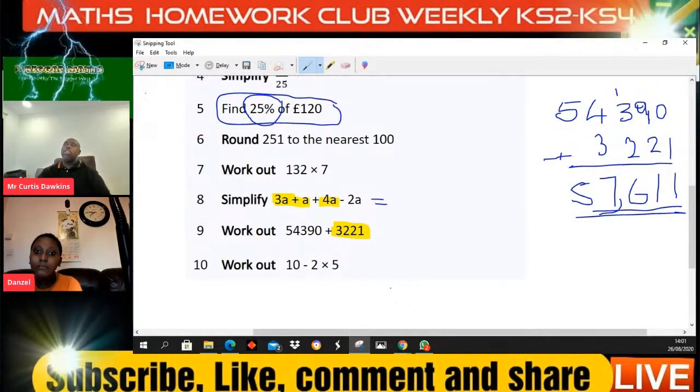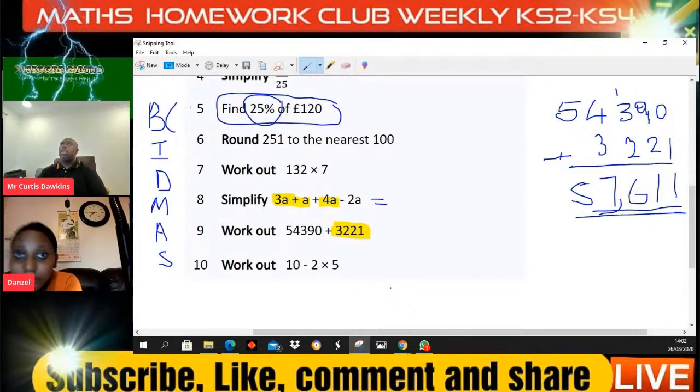Now, let me see if you remember from last lesson. Can you remember the acronym I spelled out to you? It started with a B. B, I, D, M, A, S. So it's bracket, and I said powers, indices.